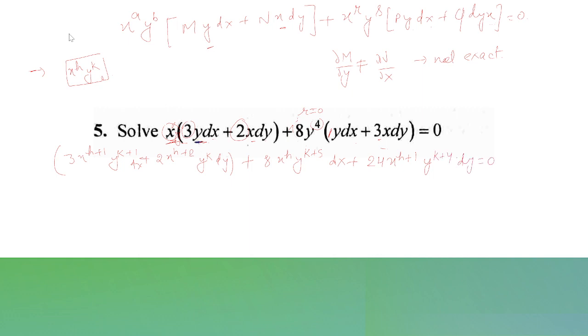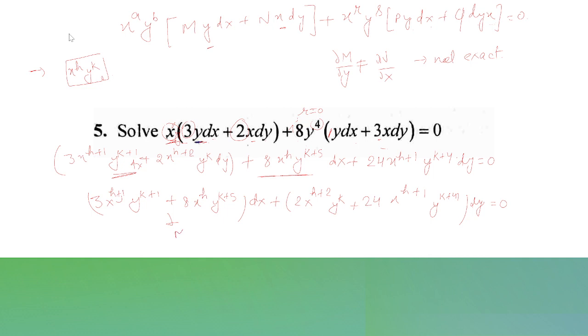Now separating dx and dy: 3x raised to power h plus 1 y raised to power k plus 1 plus 8 x raised to power h y raised to power k plus 5 into dx, plus 2 x raised to power h plus 2 y raised to power k plus 24 x raised to power h plus 1 y raised to power k plus 4 into dy equal to 0.